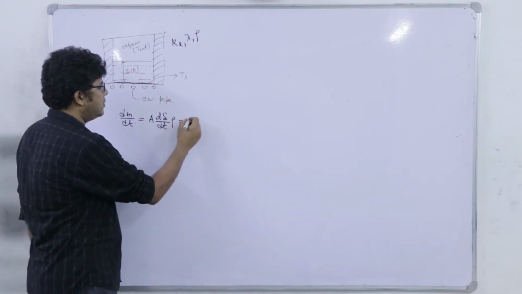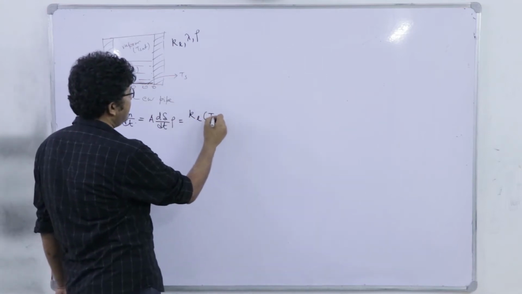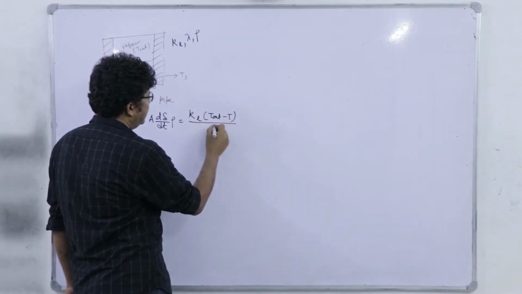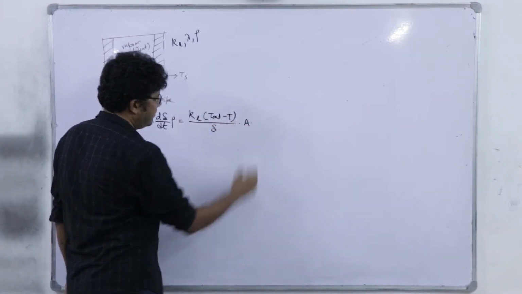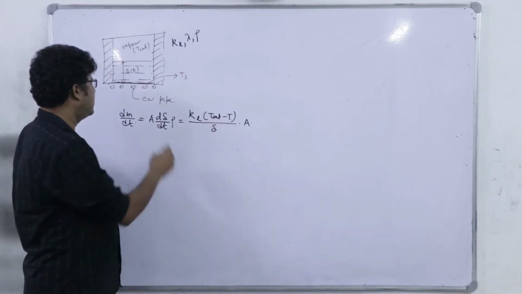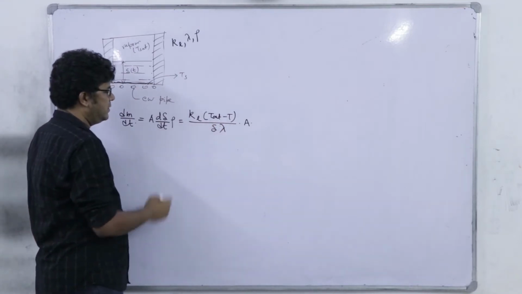So, this is equal to KL into Tsat minus Ts divided by delta into area. So, you see now that the latent heat lambda is to be divided.